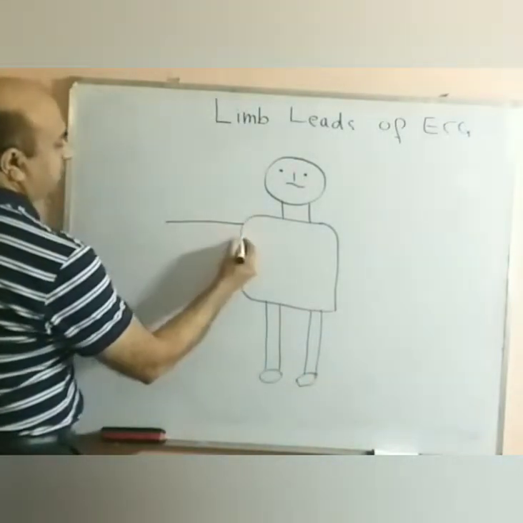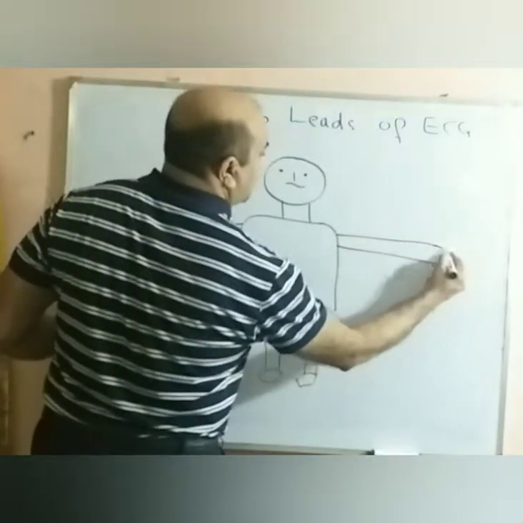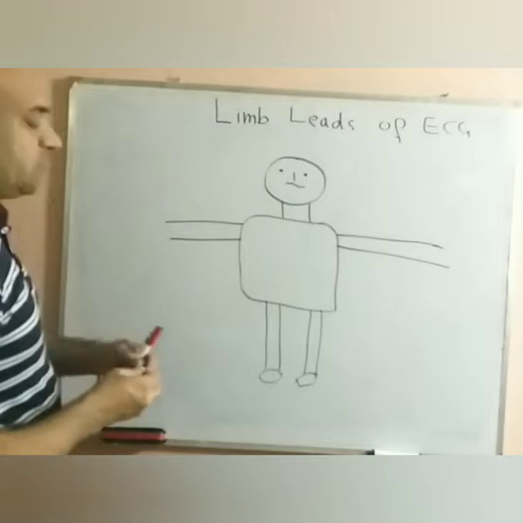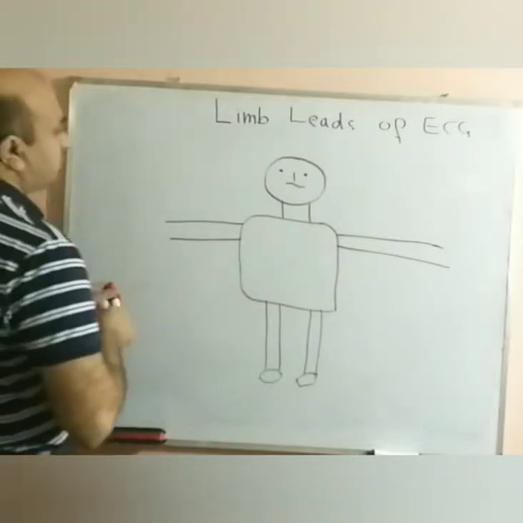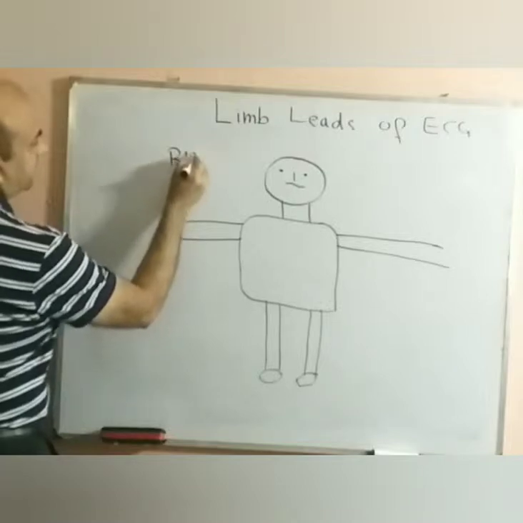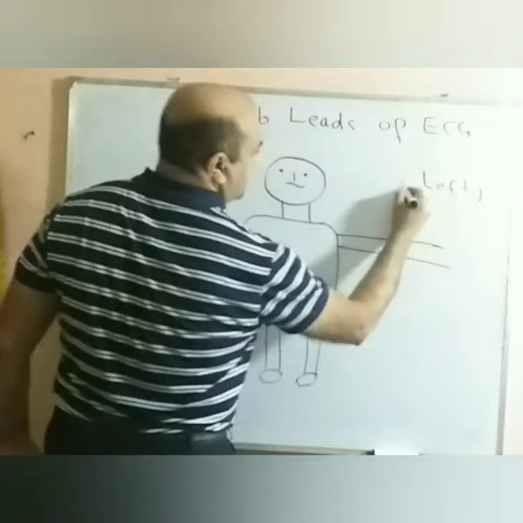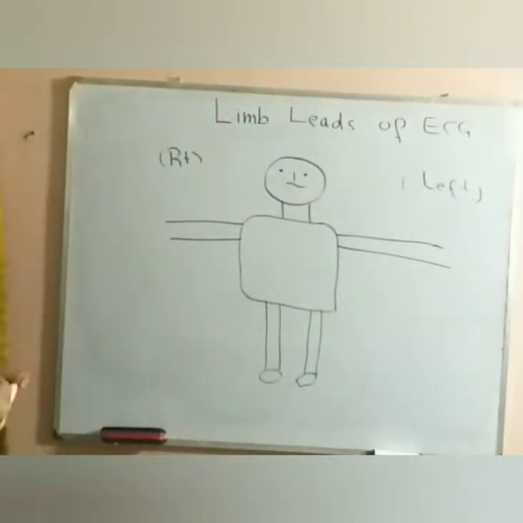So this is an example of a person where he placed his initial 4 leads, and one of these was a ground lead. This is the right side of the person. This is the left side. And these are the feet.